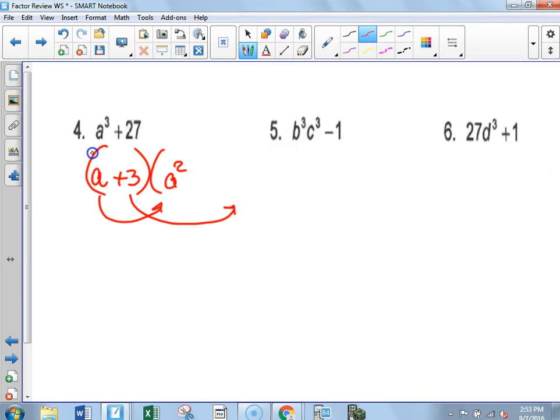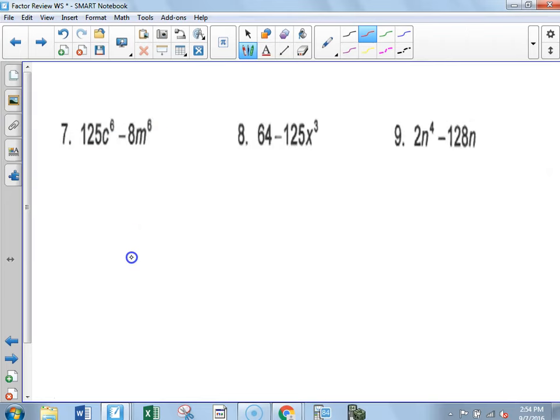Once you've cubed it, kind of ignore this one, okay? The back is going to go, the 3 squared is 9. And the middle is, yep, minus 3a. Good job. All right, the same is true for a minus in the middle. It just switches signs. So the difference of perfect cubes is the same.